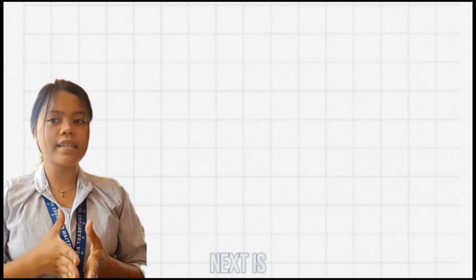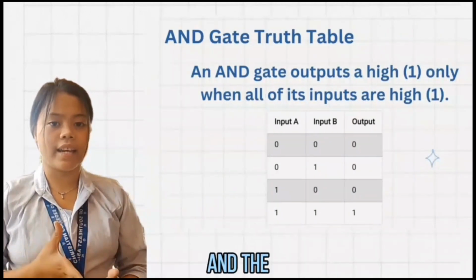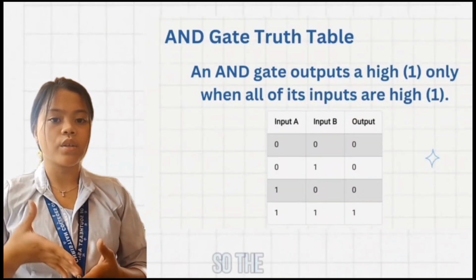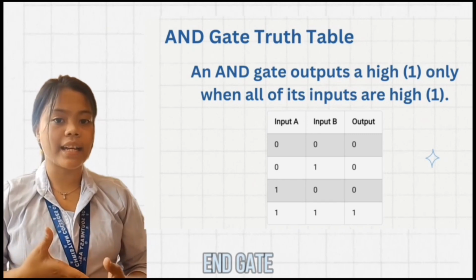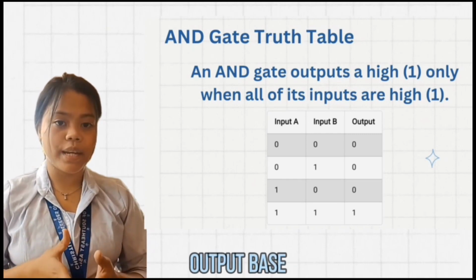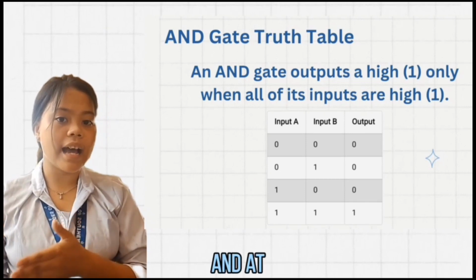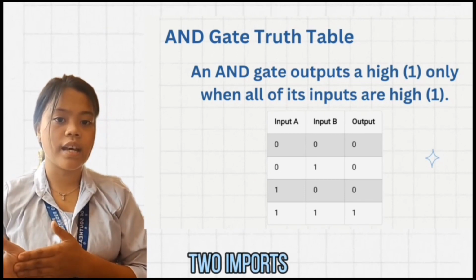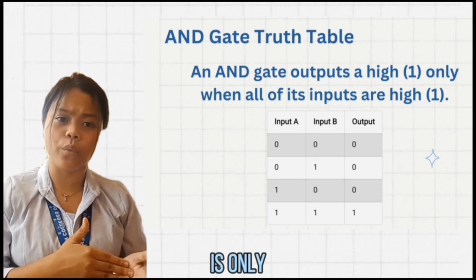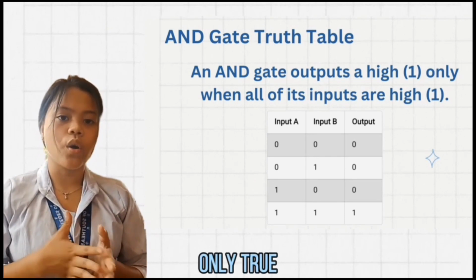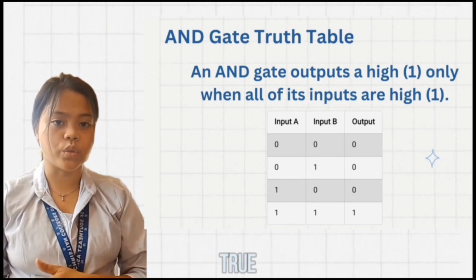So the next is the AND gate truth table. The truth table for an AND gate shows the output based on the combination of input values. An AND gate has two inputs, and the output is one, or is only true, when both inputs are true.